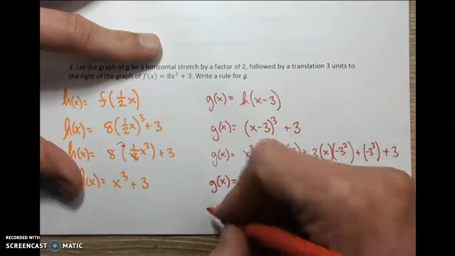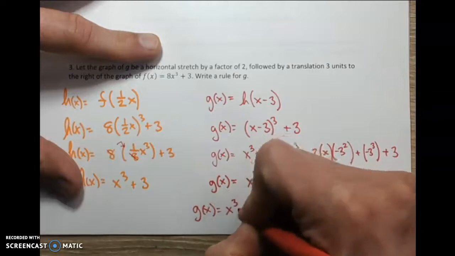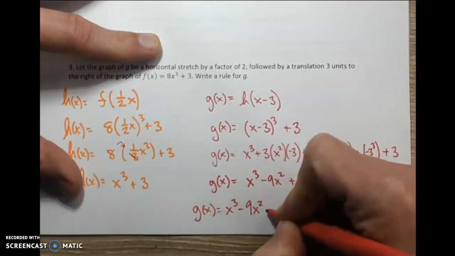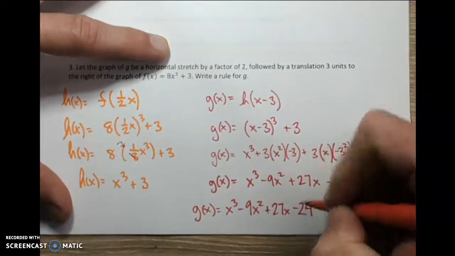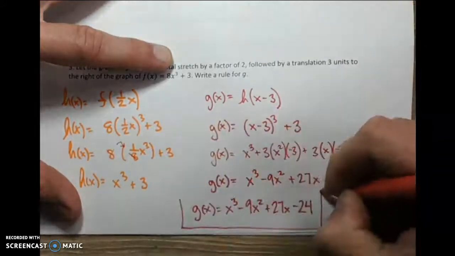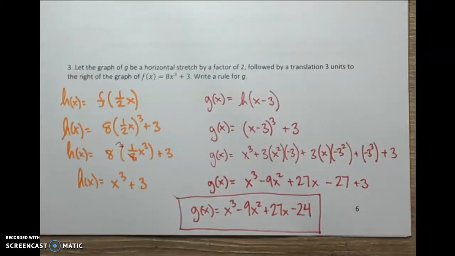Now I'm just going to combine those, so my answer is g of x equals x cubed minus 9x squared plus 27x, and then minus 24. And voila! We have it. So now in our transformations, we may have larger exponents where we have to add that binomial expansion in there.